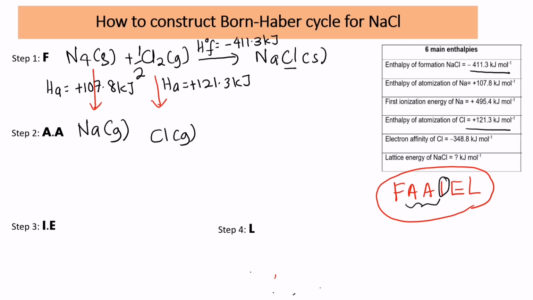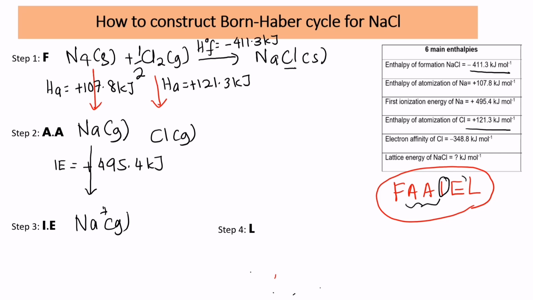Okay, next is ionization energy. So Na removes an electron and forms Na+ gas. The ionization energy is equal to positive 495.4 kilojoules.